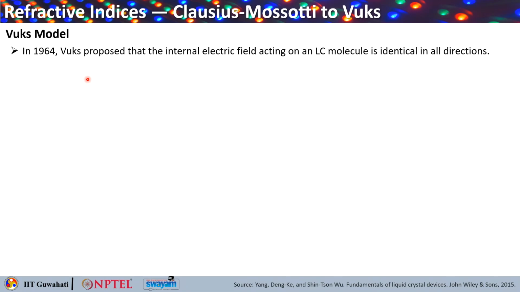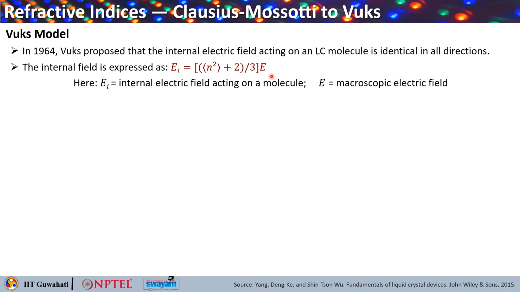In 1964, Vuks proposed that the internal electric field acting on a liquid crystal molecule is identical in all directions. So the internal field can be expressed as E_i equals the average of n squared, plus 2, whole thing divided by 3, times E. So what is E_i? That is the internal electric field acting on a molecule, and capital E is the macroscopic electric field. And what is n squared?